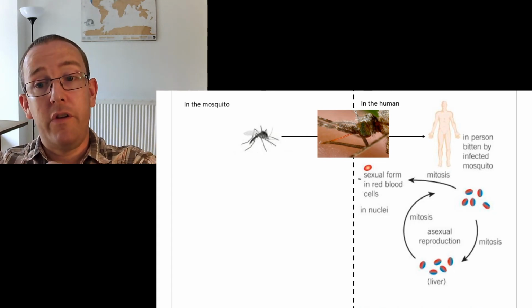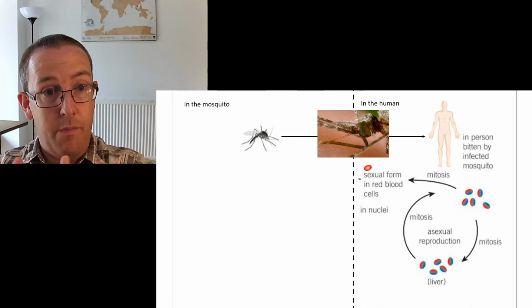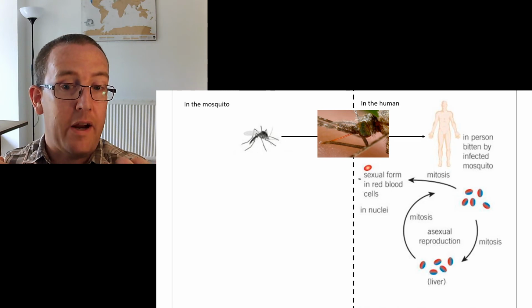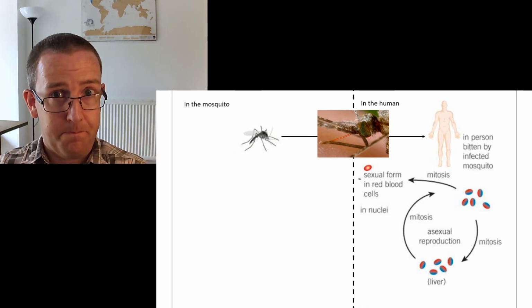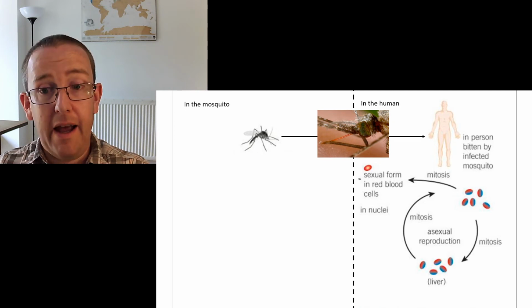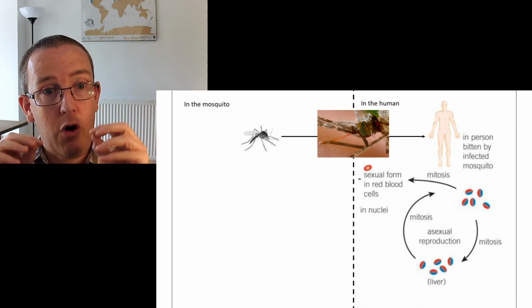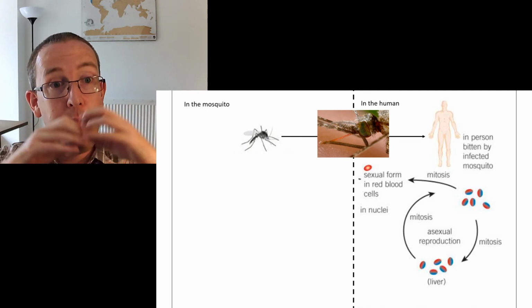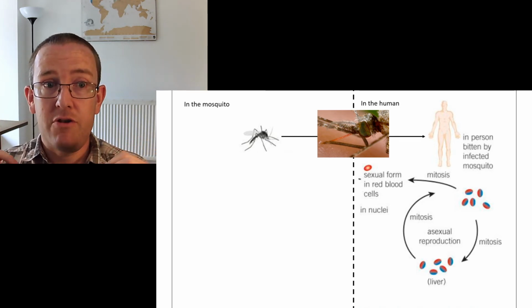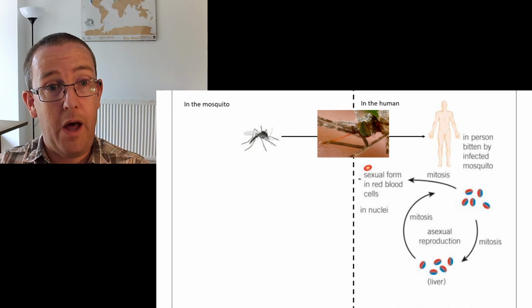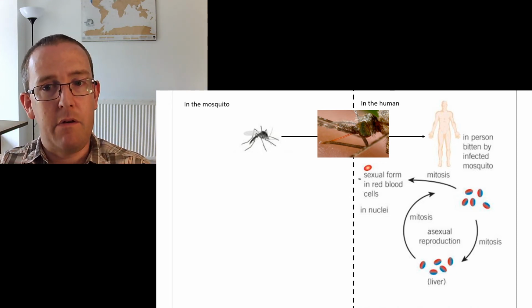Some of those parasites, in their asexual reproduction mode, will escape into the blood, go around the body, and start colonizing red blood cells and then bursting out of them, much like a very, very big virus. It's that damage to the red blood cells and that effect on your blood that causes the bouts of fever and anemia that can be fatal.